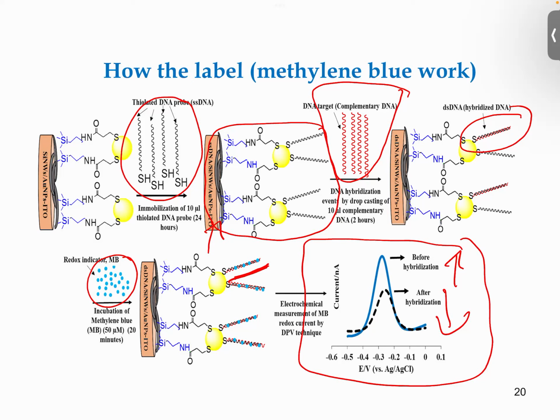But in general, the more methylene blue, which is electroactive, the higher the current should be. Where it goes down, there are certain issues, depending on which voltage you are interested in. So this is basically how we read the indication of whether you have a good hybridization or a very weak hybridization using a redox indicator.